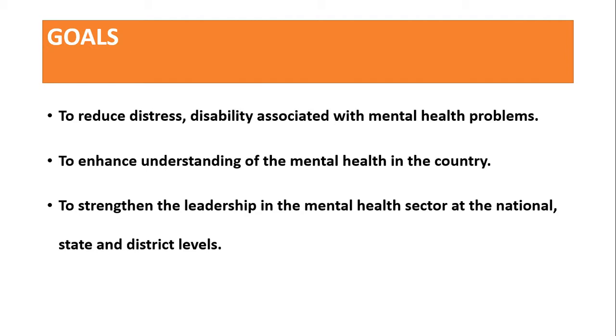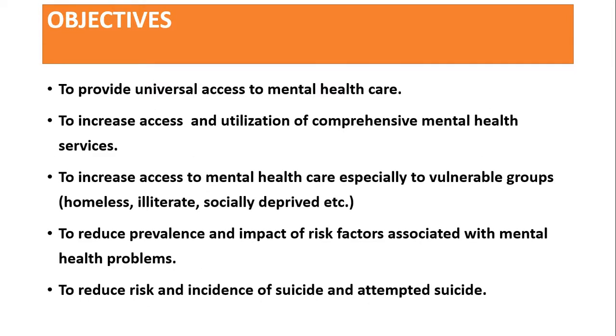Then the objectives, and there are a lot of them. First and foremost, to provide universal access to mental health care, and increase the access and utilization of comprehensive mental health services, especially for the homeless, illiterate, socially deprived people, wandering people and elderly people. The word access is very important and we see it everywhere: easy access to mental health care for everyone.